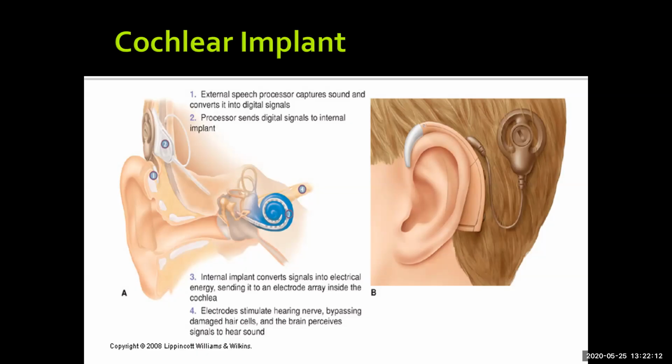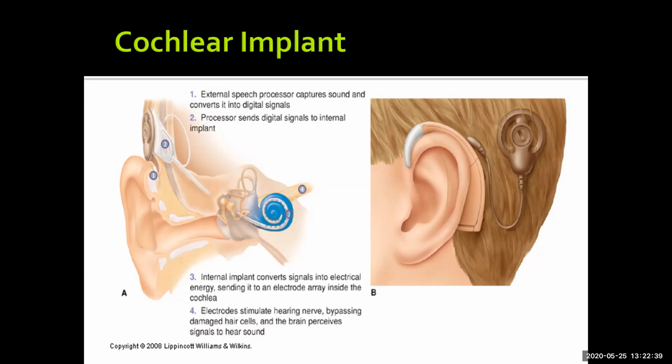It's a cochlear implant. It's going to help transmit. So it's an external speech processor that captures sound and converts it into digital signals. It sends a digital signal to an internal implant. So you can see here what's on the inside internally and then on the outside. The internal implant converts the signal into energy, and then it's going to send it to an electrode that's inside the cochlea.